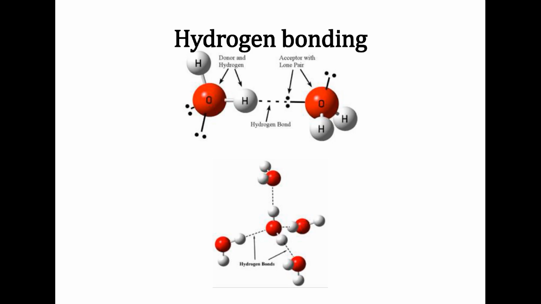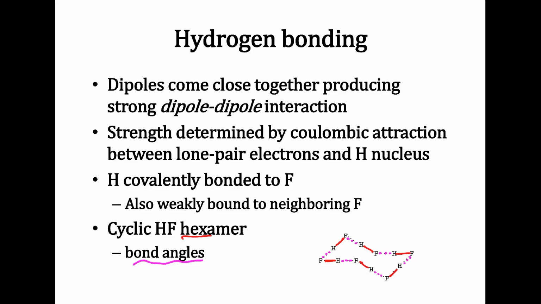If we were to consider water, we know that water has 2 lone pairs and 2 hydrogens. And if you think about that hexamer on the previous slide with HF, each HF molecule was only interacting with another 2 HF molecules.